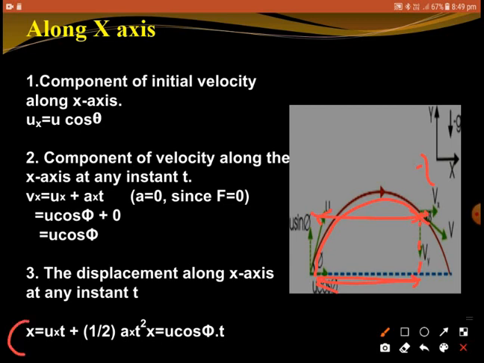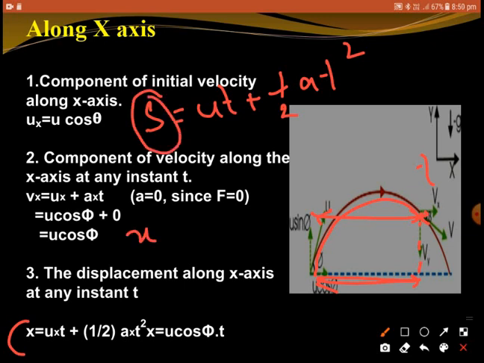We have to use the kinematic equation s is equal to ut plus half at square. Being along the x-axis, s will be denoted by x, and u by ux t plus half at square, where a is the acceleration along the x-axis.